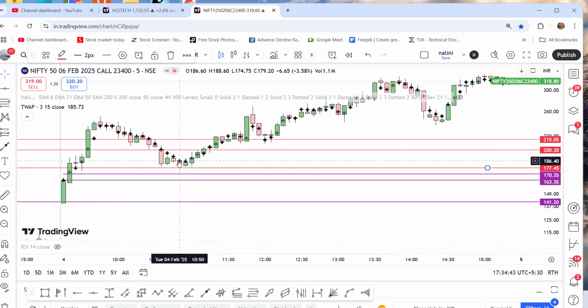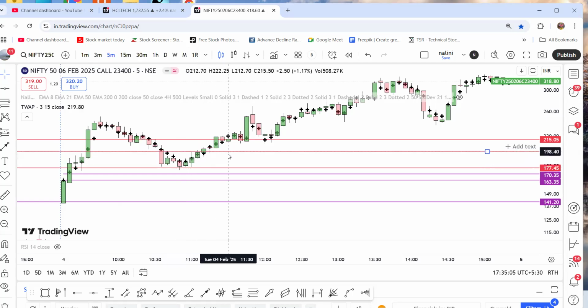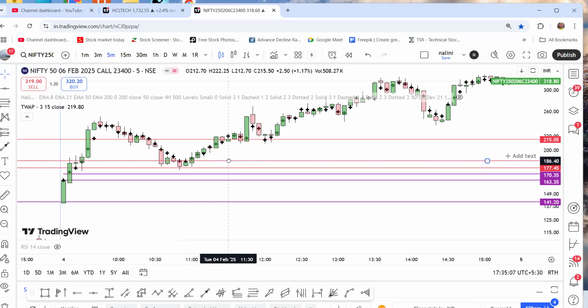Here you can see the price, if you place the cursor on this, 185.73, closing is 179.20, and if I move the cursor, still it is below, and in this candle only you are getting the proper entry. You should not hurry yourself for the entry.